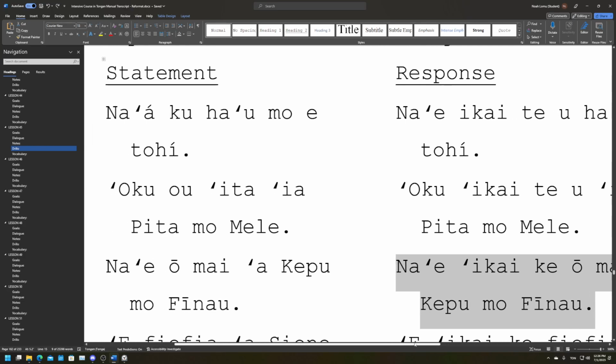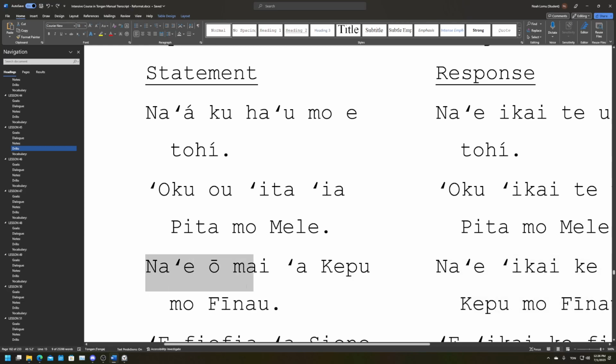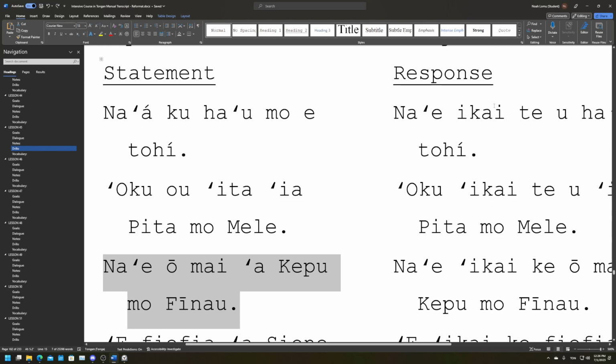So the statement in positive is "Nai o mai a kepa mo finau." You can see in these first two there is a preposed pronoun, na'aku okuo. Here there isn't, right? So in the first two we do ikai te and then translate this to the correct one.